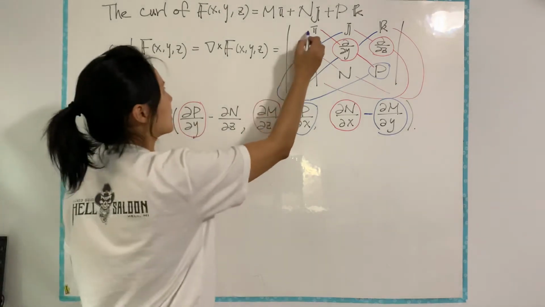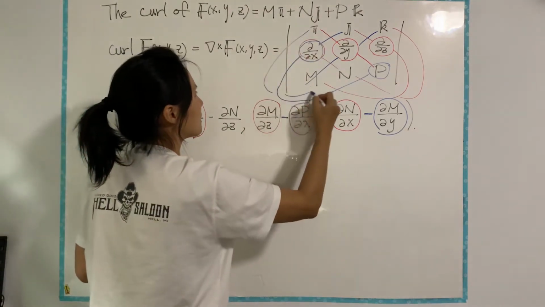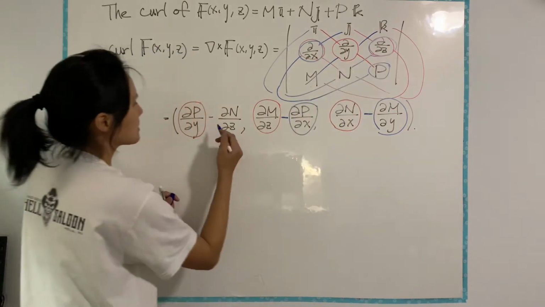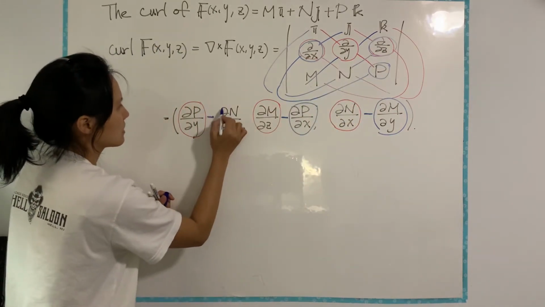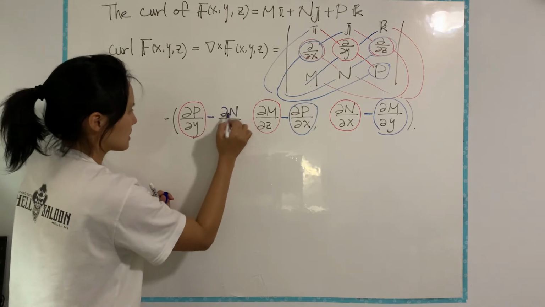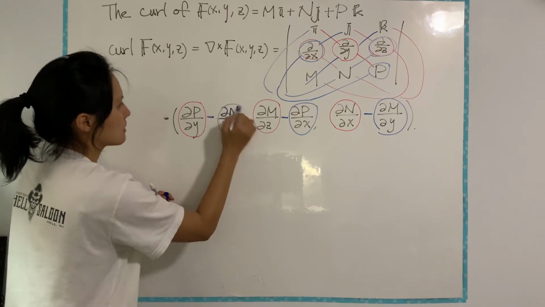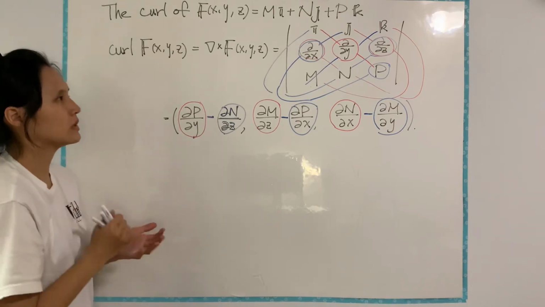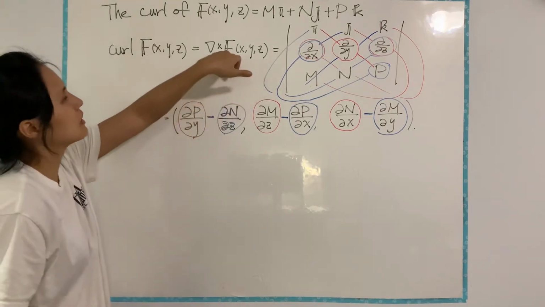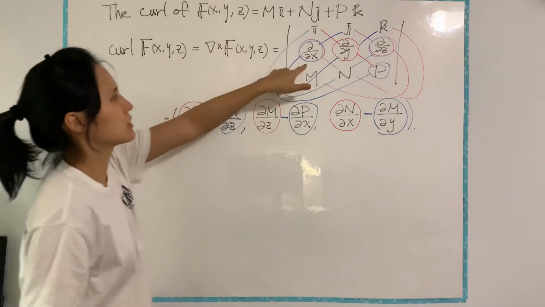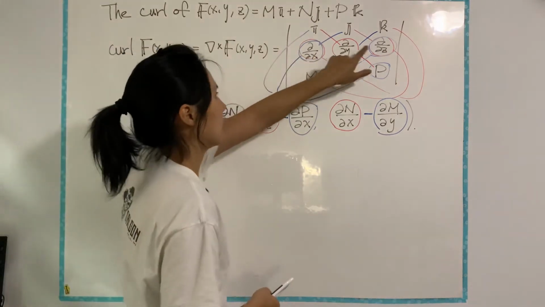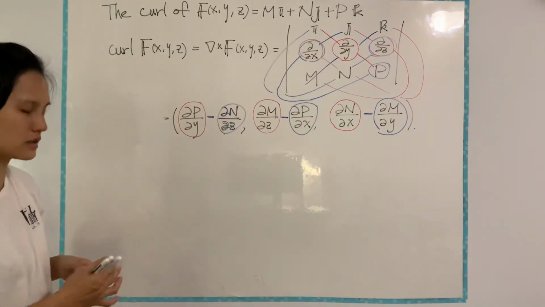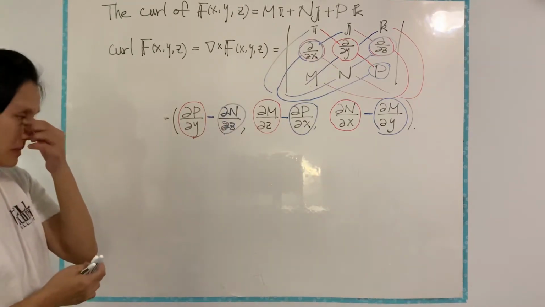And the last one is n with d/dz, so minus dm/dz. So that's this. The only difference is that when you see this notation, you put the vector d/dx, d/dy, d/dz, and then everything else is the same as how you take the determinant of a 3x3 matrix.